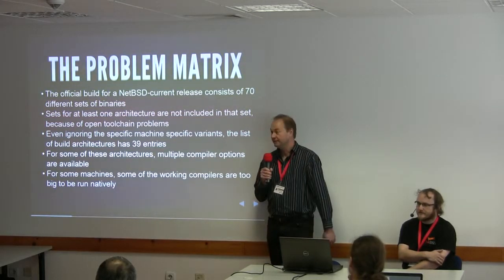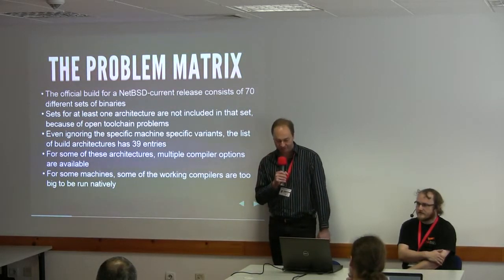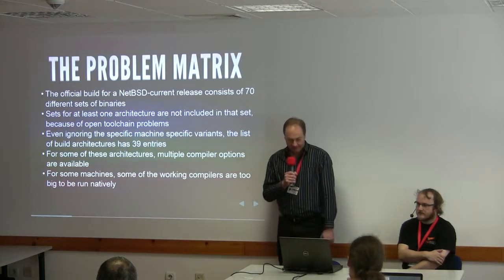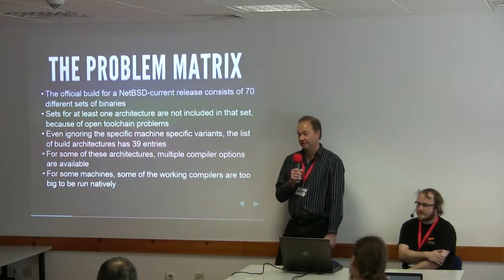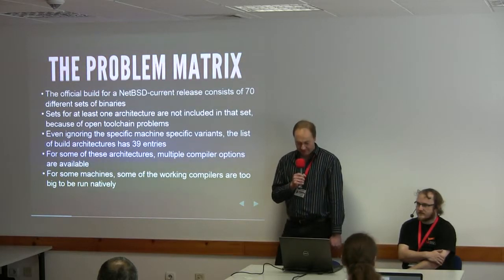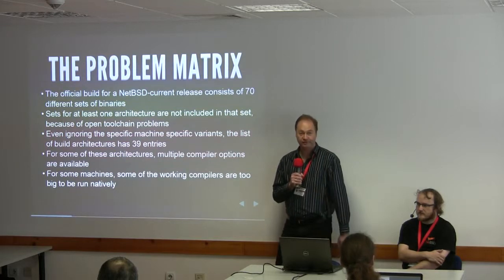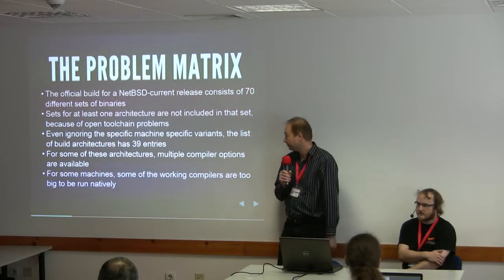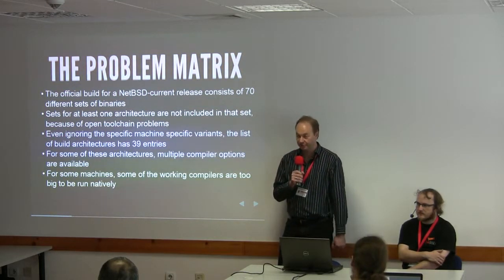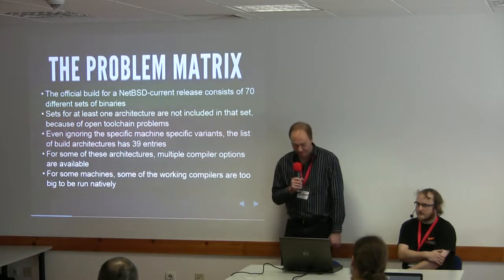So let's look at what kind of problem matrix we have to solve. We have like 70 architectures that we build binaries for. As I mentioned, one is not in the set of officially built things we build on the cluster because it has no in-tree toolchain yet.